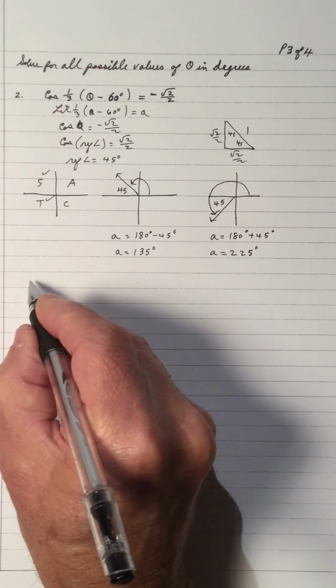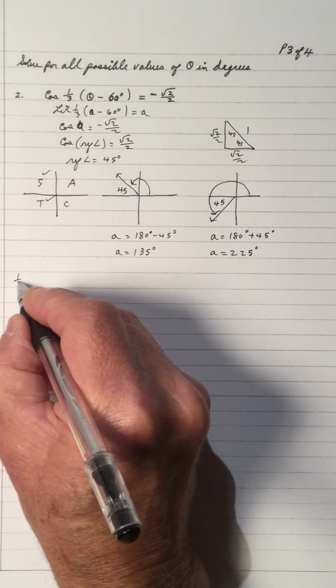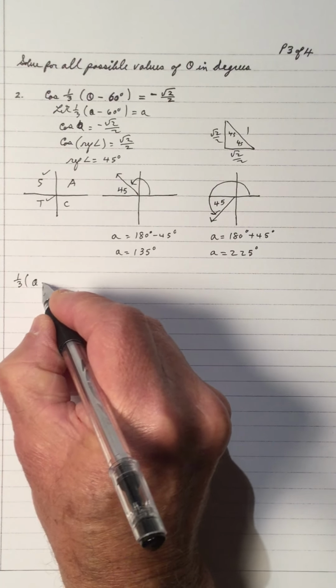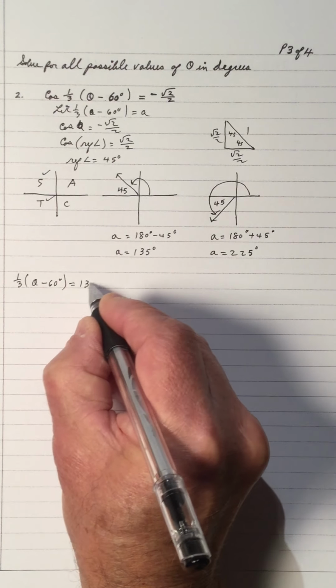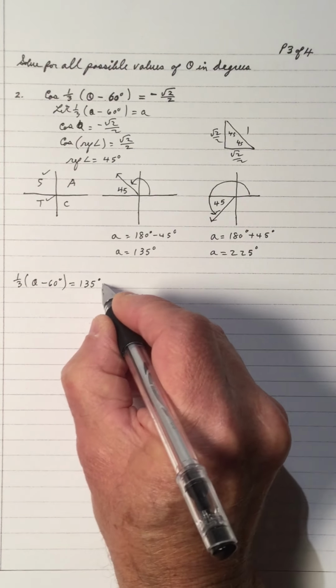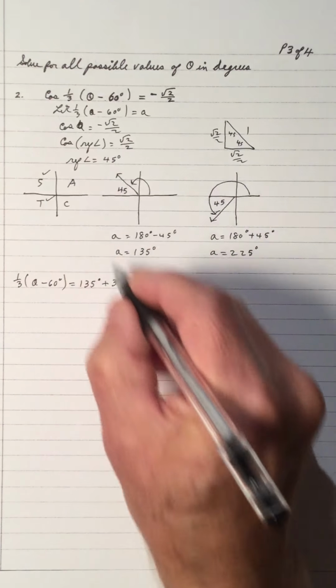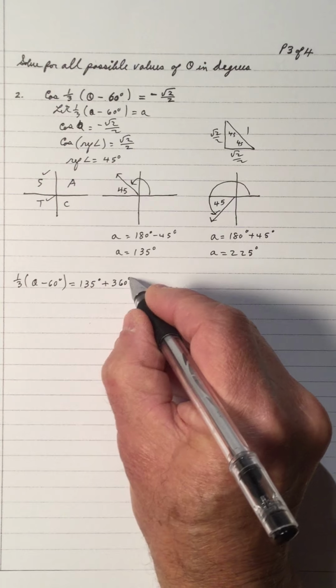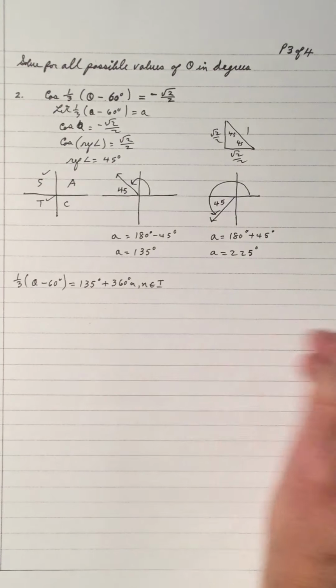So we let 1/3 theta minus 60 is equal to 135 plus, again, the period for cos normal is 360n, where n belongs to the integers.